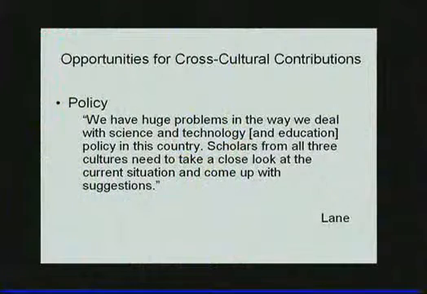Let's move on to basically the third segment of our discussion, a section on opportunities for cross-cultural contributions. Dr. Neil Lane, our third speaker, gave the following quote with one little addition on our panelist's part. We have huge problems. Okay, this is about policy. We have huge problems in the way we deal with science and technology policy, and also education policy in this country. Scholars from all three cultures need to take a close look at the current situation and come up with suggestions.